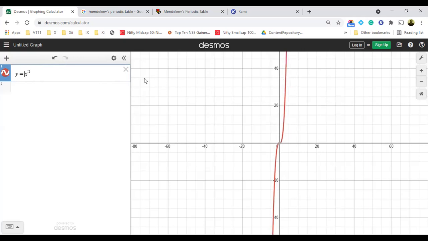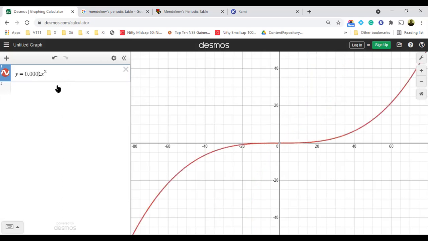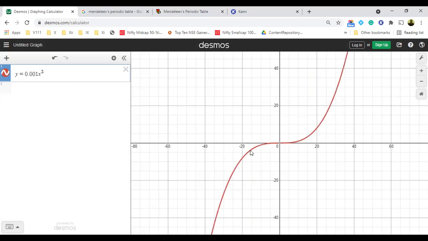It is an invertible function because wherever you want to draw the horizontal line, it will cut it only in one place. I just put 0.01 because it becomes a bigger graph, I mean, it is wider. So y is equal to x cube is a function and it is invertible.